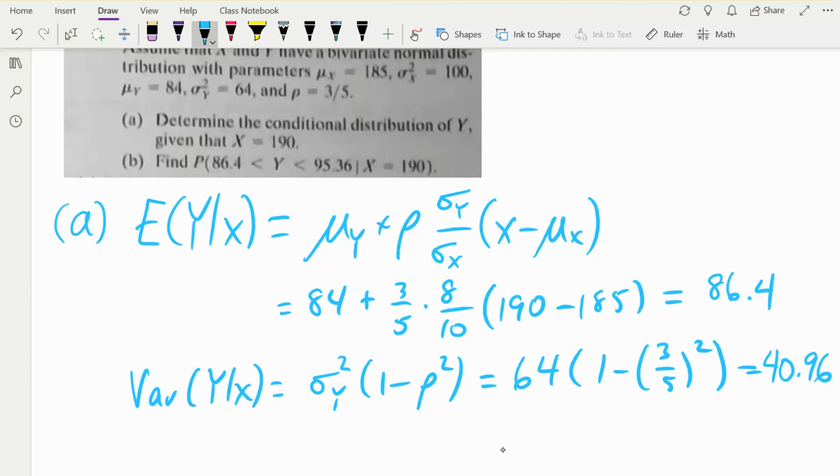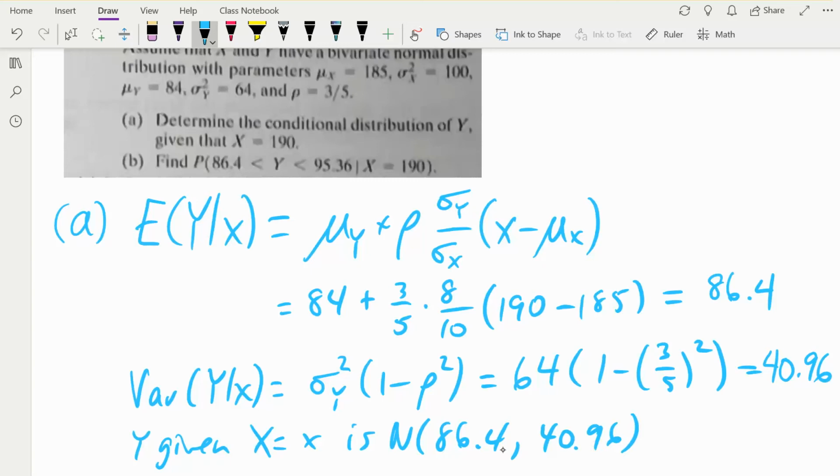All right. So we also already established that y given x is normal. Now we know it has a mean of 86.4 and a variance of 40.96.